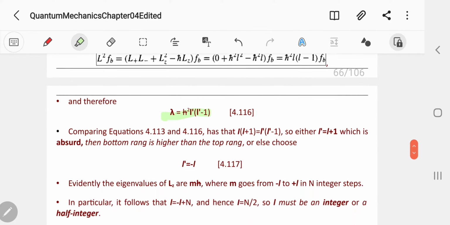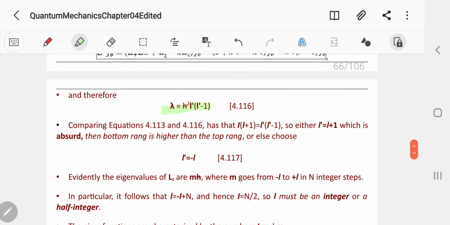L and L prime would just have this relationship. This means that going up you have L and going down you have L prime. Actually, when you go down, it will just be negative L.